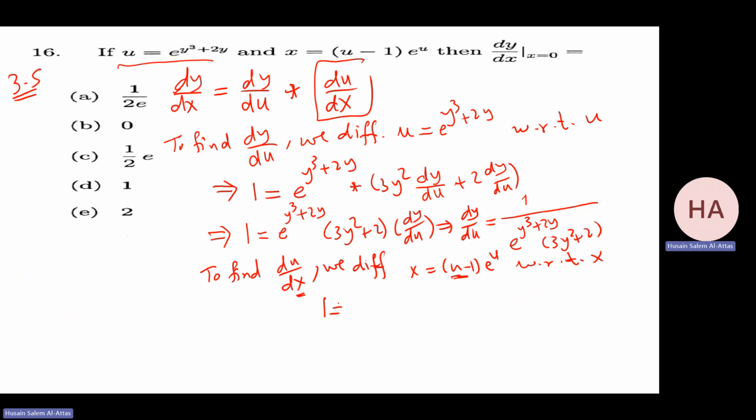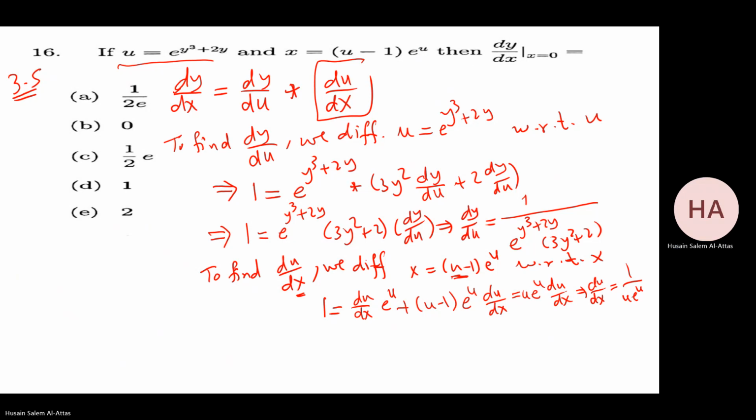Derivative of this, which is du by dx times e to the power u, plus u minus 1 e to the power u du by dx, which is equal to u e to the u du by dx. So du by dx equal 1 over u e to the power u.